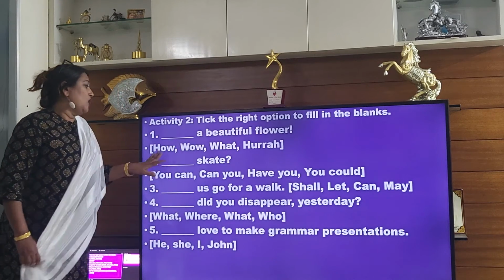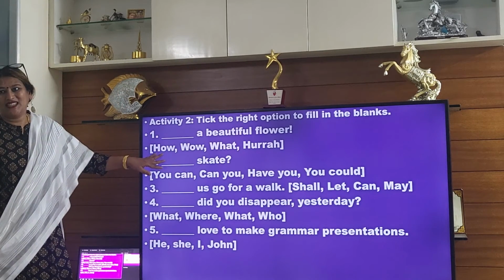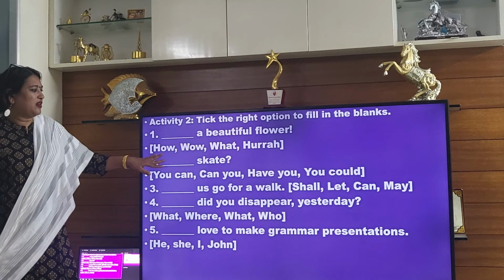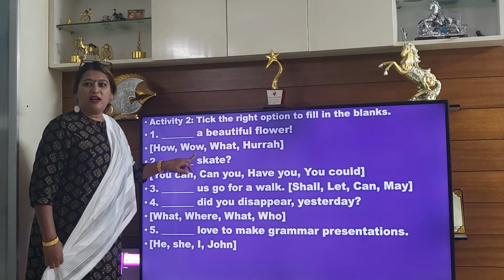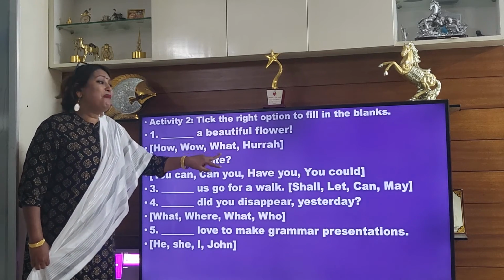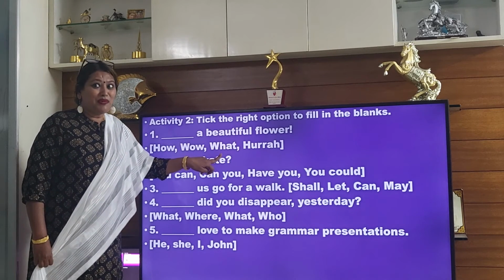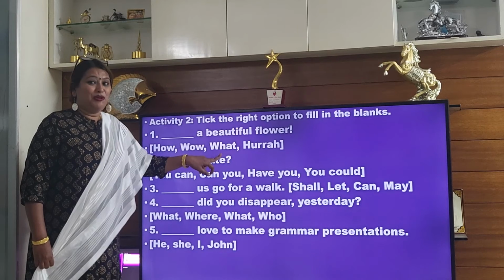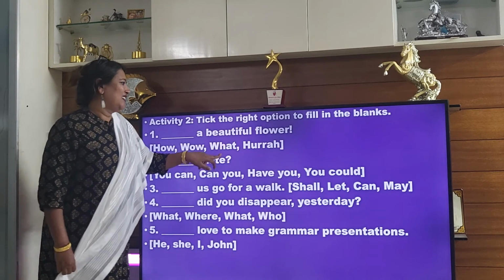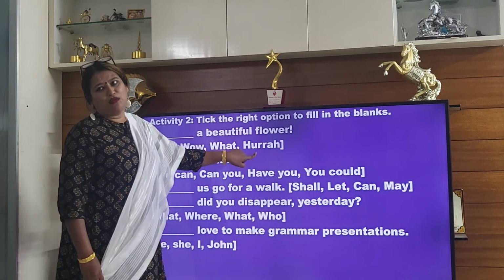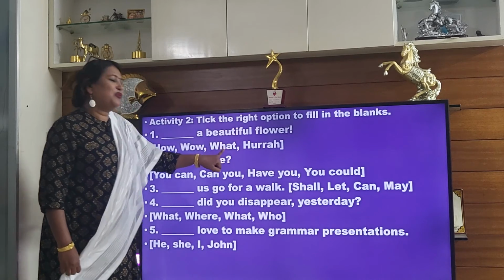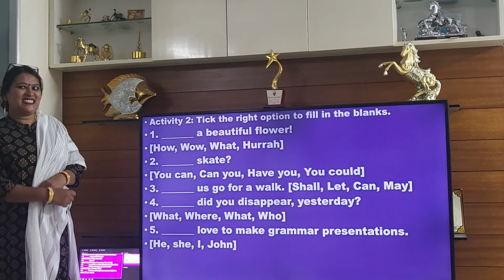So how a beautiful flower, you can't say. The sentence frame is not correct. Wow, a beautiful flower. What a beautiful flower. That means you are surprised about the wonder, right? Isn't it? Okay, hooray. Flowers are beautiful, so you don't celebrate. So you have to use your common sense.